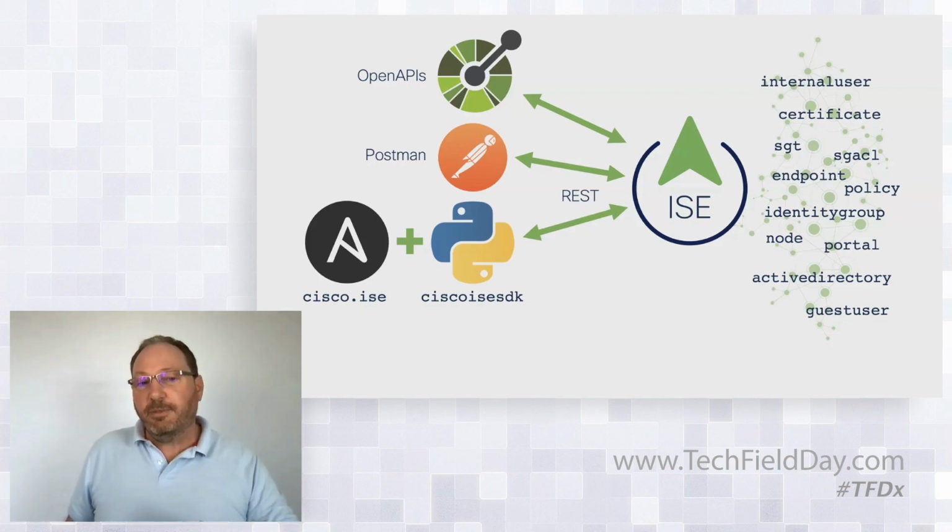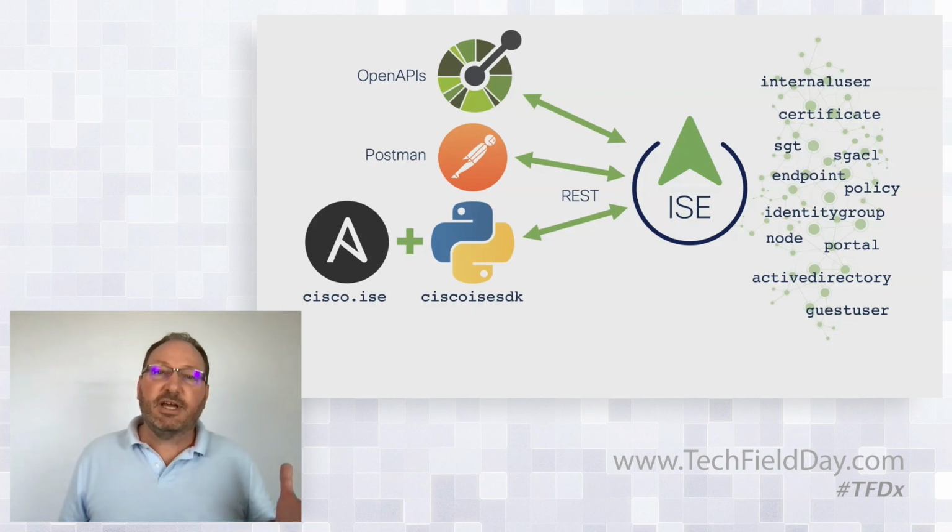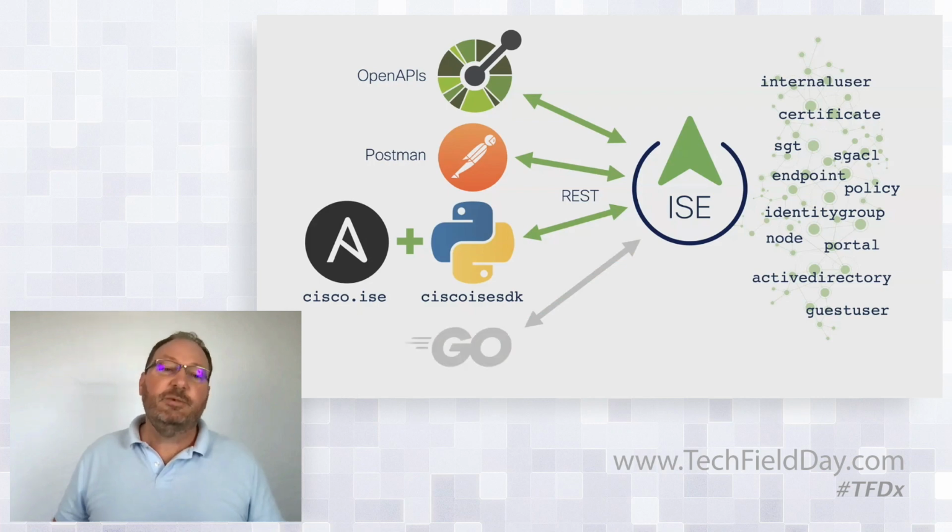Or we can use these same APIs using the new Cisco ISE SDK, which is a Python package, and which is used by our cisco.ise Ansible collection. So all these things are coming out with ICE 3.1. And soon we're also going to be announcing support for Golang and Terraform to do these same things, depending upon what your infrastructure is.